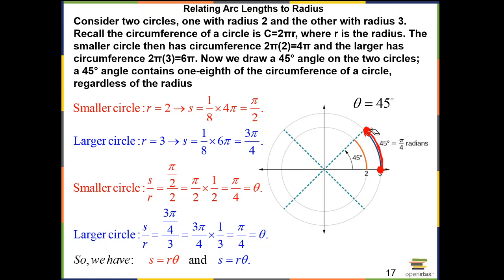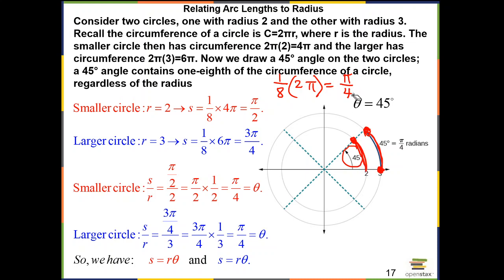So this part right here, they've got two circles: a small circle and a larger circle. For the small circle with radius 2, this is going to be the angle in radians. Now 45 degrees in radians is 1/8 of the whole thing. 1/8 of 2 pi is pi over 4, so in radians, 45 degrees is pi over 4.